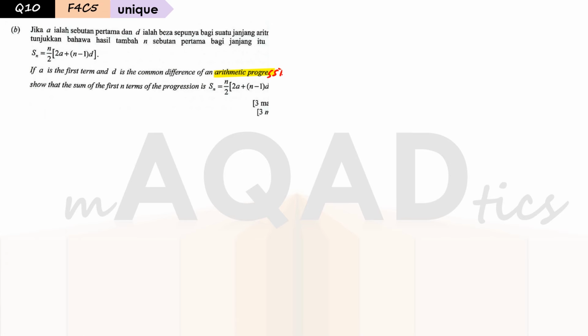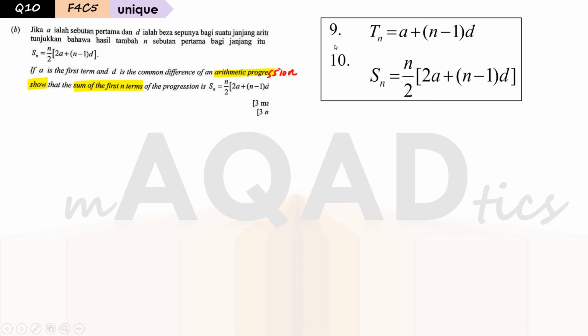Alright, so this is progression, and we need to show the sum of the first n terms formula, which is the Sn, which is also one of the formulas in the formula sheet, formula 10. So we need to prove this formula. To prove this formula, let us understand Sn first.